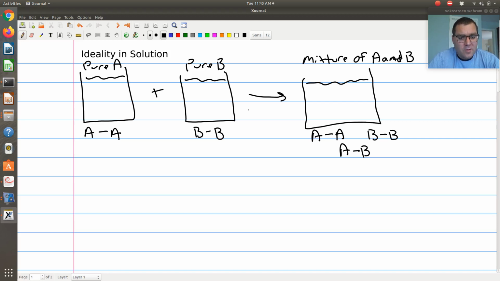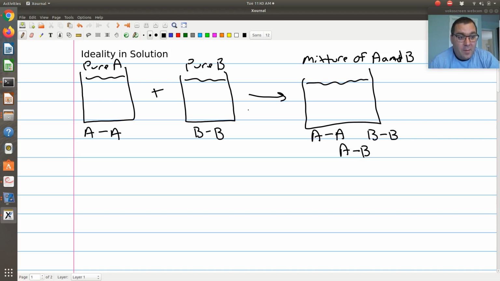But when it comes to ideal solutions, we're not going to derive them. Just take my word for it that property changes upon mixing of ideal solutions are exactly the same as that of an ideal gas. It doesn't mean that an ideal solution is an ideal gas, but the property changes upon mixing are the same. Perhaps in an advanced course in thermodynamics, you could have the privilege of deriving those. But for now, we'll just take them to be the same.